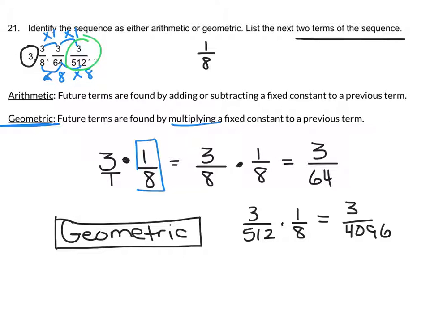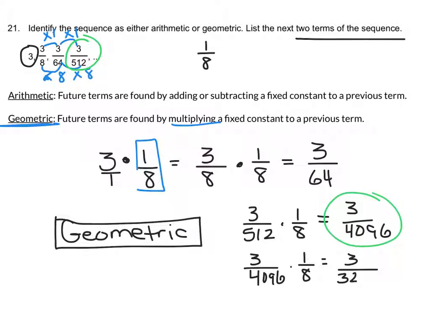That's my next term. And then I need to find one more term, so I'll take that number and I'll multiply it by 1/8. So 3 times 1 is 3, and then 4,096 times 8 is 32,768.